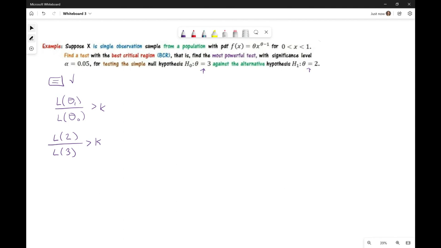If we substitute this into our likelihood function, which, just a reminder, means that L is equal to the product from i equals 1 to 1 of our function f of x_i given theta, which we've already acknowledged what f of x is equal to when reading our example, if we plug this in, we are going to get 2x to the 2 minus 1 over 3x to the 3 minus 1 greater than k.